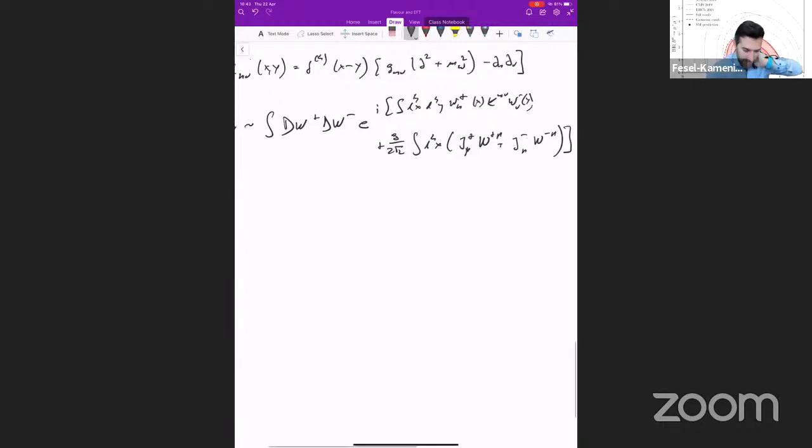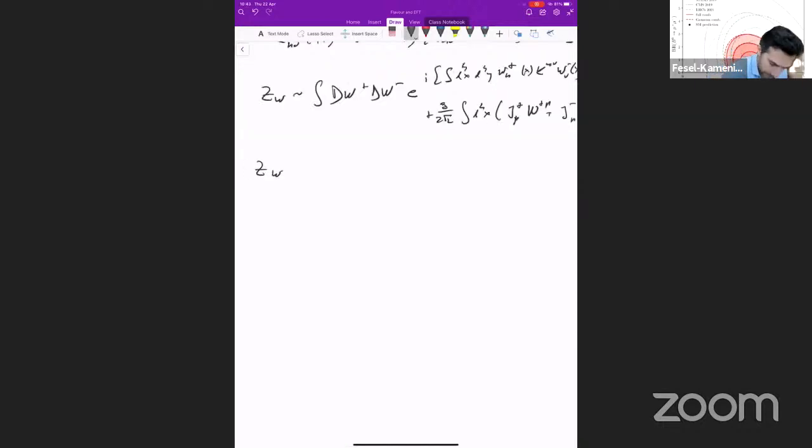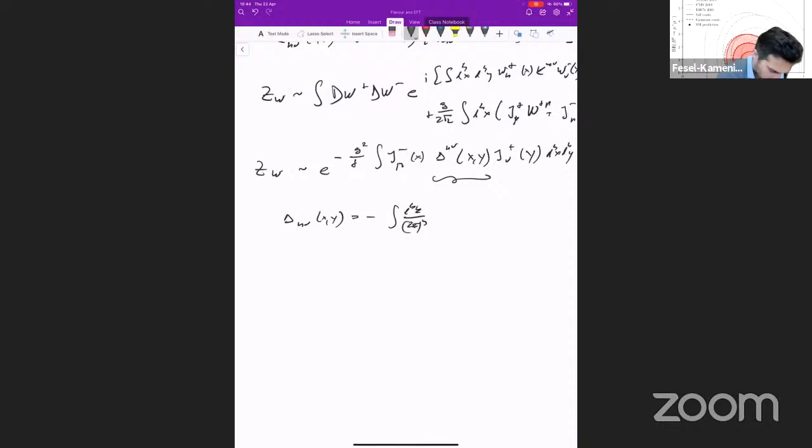So we can perform this path integral explicitly, and we obtain the following generating functional: e to the minus i g squared over 8, J mu minus of x, where we've introduced the so-called propagator, Delta mu nu of x, y, J nu plus of y, d4x, d4y, where the propagator is, of course, the usual unitary gauge propagator for a massive vector field, integral d4k over 2 pi to the 4, e to the minus i k times x minus y, over k squared minus m_W squared, times g mu nu minus k mu k nu over m_W squared.